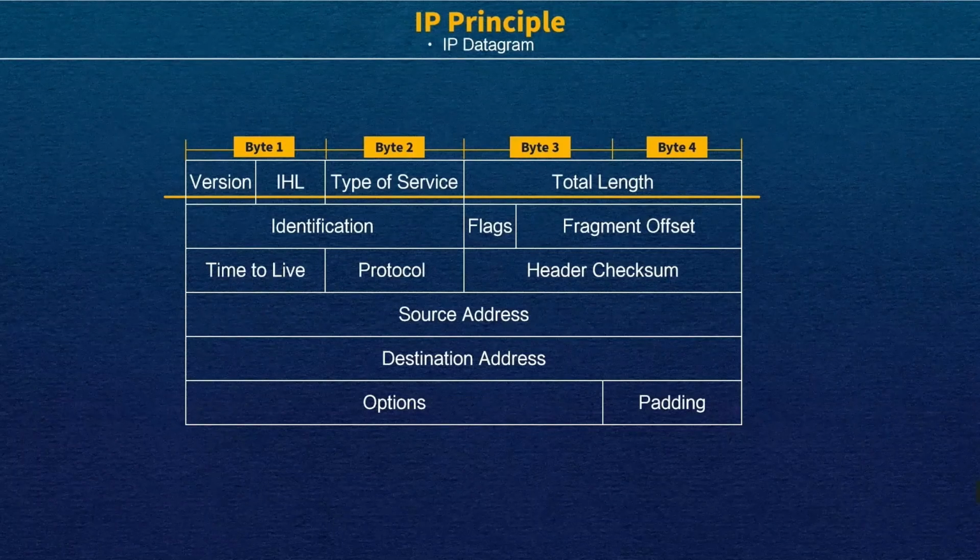And the third part is the type of service. This one is used in QoS. So what does QoS mean? We can provide different priorities to different services if your resources are not enough. For example, now your link bandwidth is only 100 Mbps, but we have to send out 120 Mbps of messages.